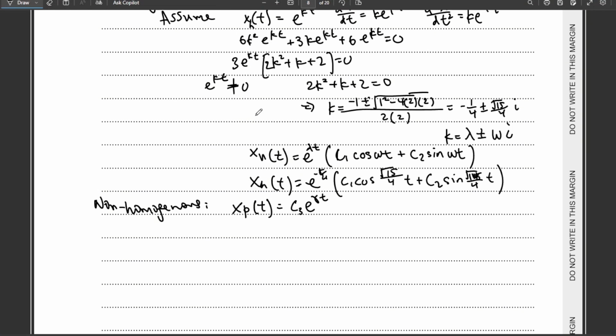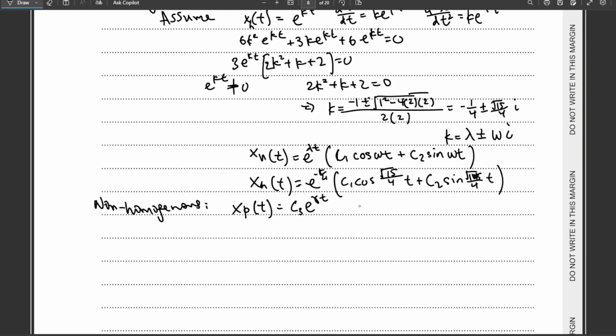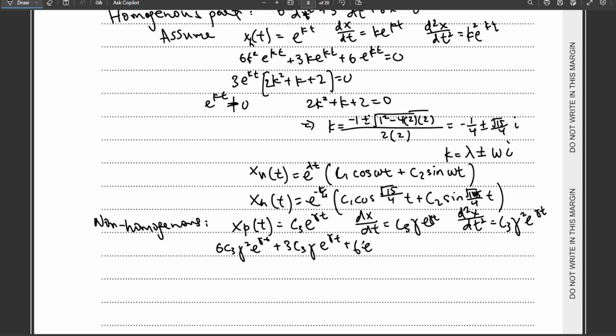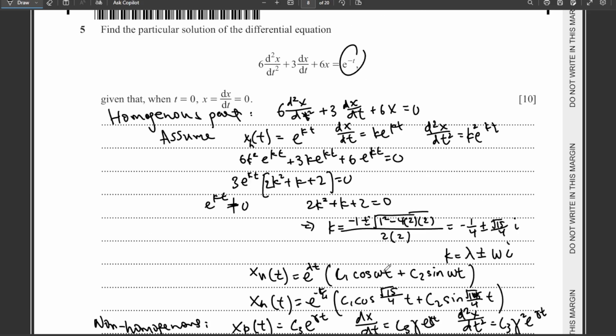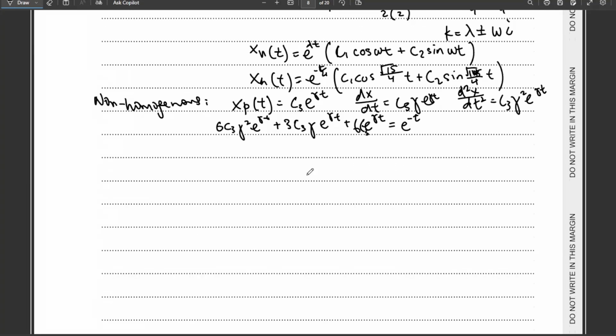Okay, and we take the first derivative and also the second derivative, so that we can substitute this back into the differential equation, and we equate it to the function that has been given to us.